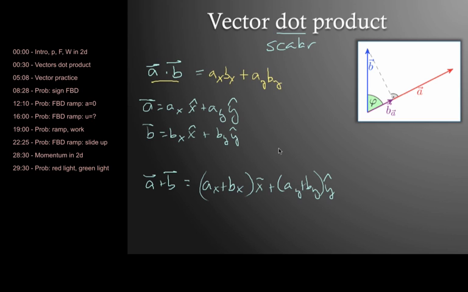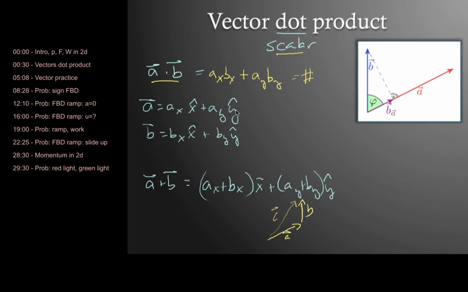And the big difference here is that when we added them, we say, here's A, and now we're going to add on B, and we're going to get some vector C. And C is also a vector. When we do the dot product, we're going to end up getting a scalar, and that's why this is called the scalar product, because this is a way of multiplying vectors and it gives you a scalar. So this is just a number here. There's no direction here, so this is just a number.